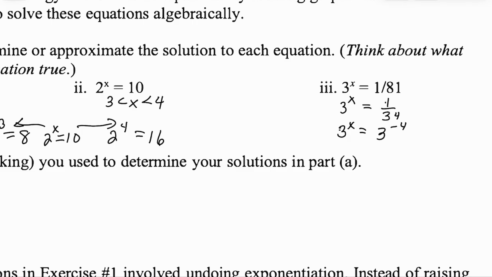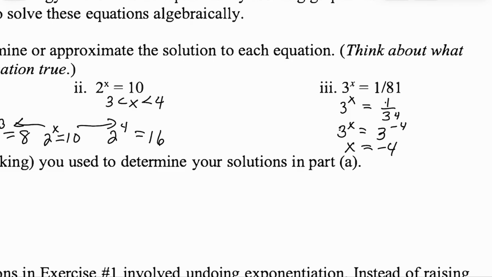Okay, so anyway, 3 to the 4th is 81. So 1 over 3 to the 4th is 1 over 81. But if we rewrite that as a negative exponent, and since now we say, what power would I put on a 3 to get 1 over 81, and we showed that 1 over 81 is 3 to the negative 4th, the power I'm looking for would be negative 4.